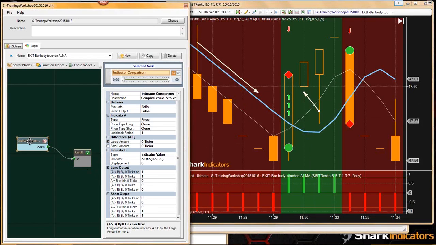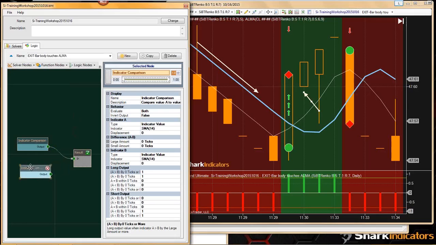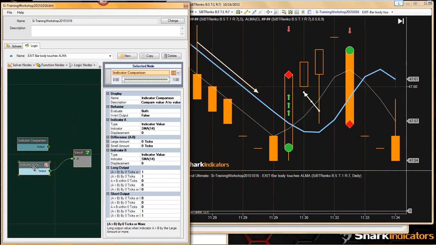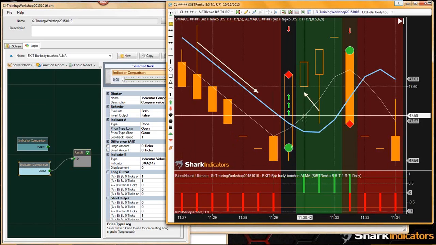So what I'm going to need to do is grab another comparison solver. And once again we're going to use price, but this time for the long output, instead of the closing price, we're going to use the open price. Set this to the open price. All right, and if you look, you see how this is backwards?